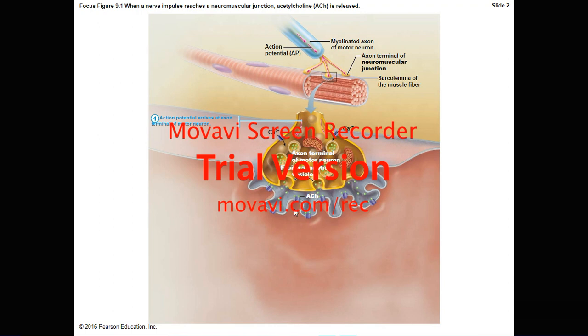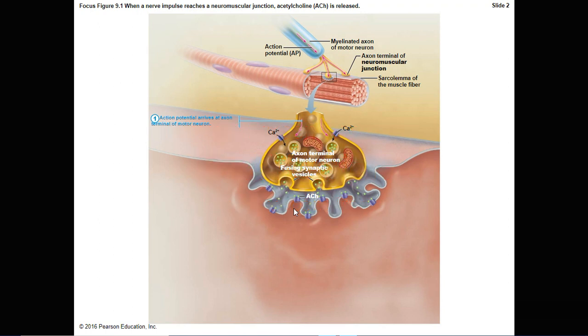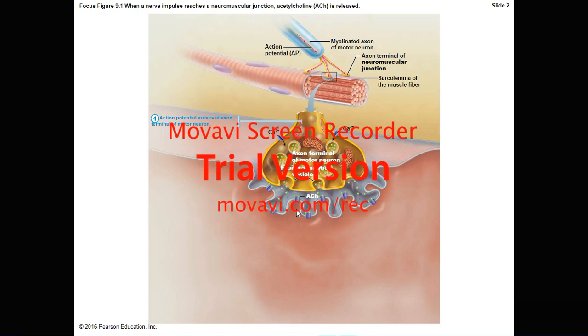That's going to allow a sodium channel to open, which is going to depolarize the membrane, and it's going to open up other voltage gated ion channels, and it's going to propagate an action potential.